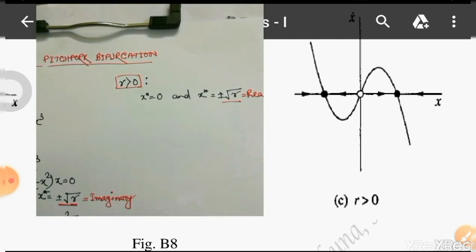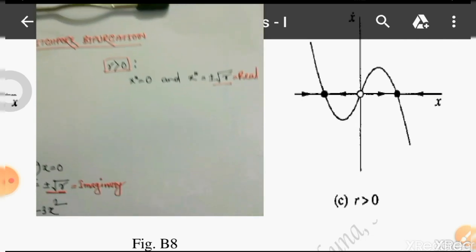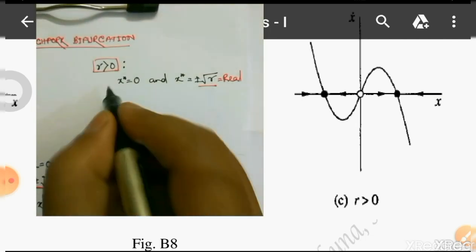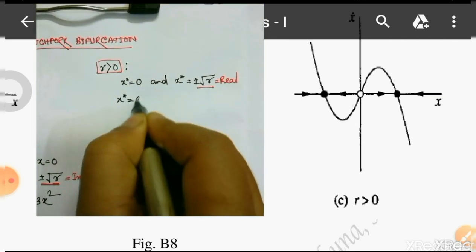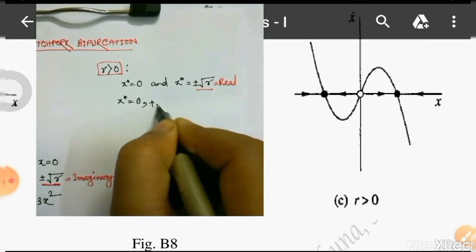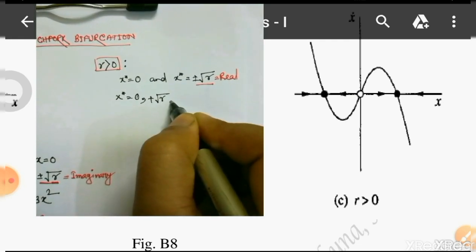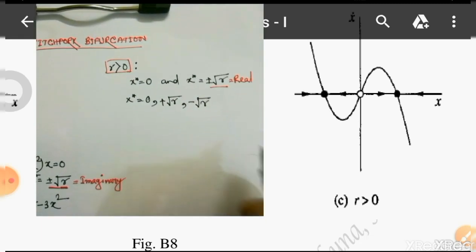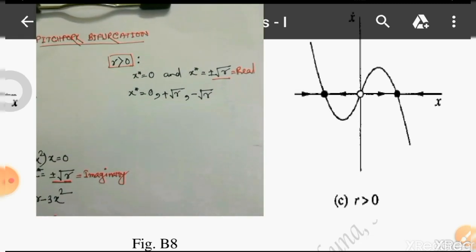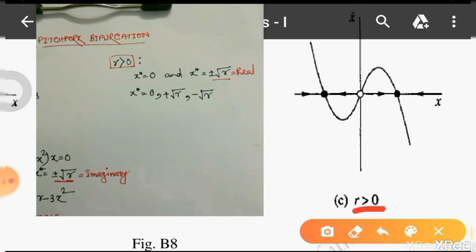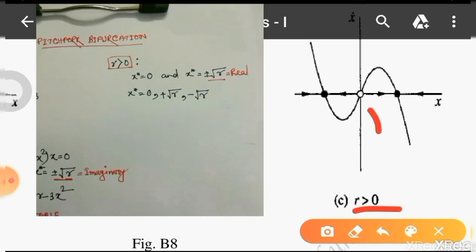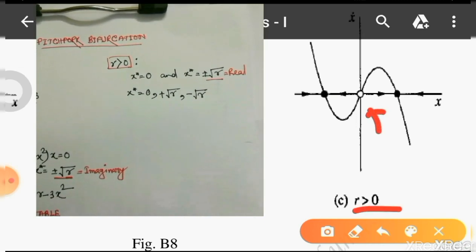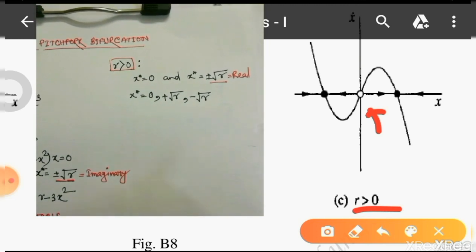So now there are three fixed points. One is at 0, one is at plus root of r, and the other is at minus root of r. As you can see in this figure, when r is greater than 0, this is the fixed point at x equals 0.